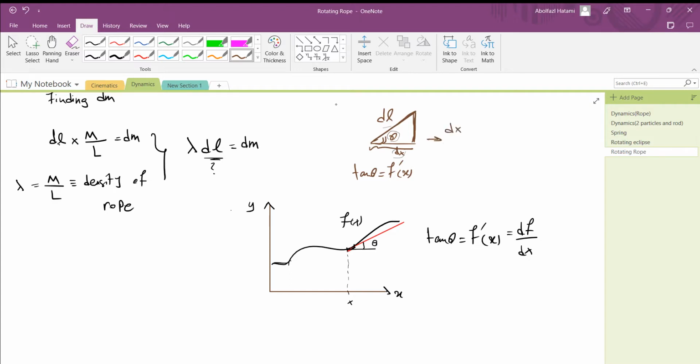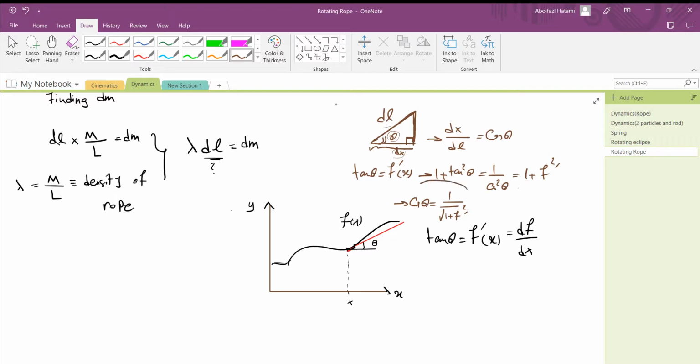So dx over dl involves some trigonometric calculations. dx over dl is the definition of cosine of theta, and we can find cosine of theta from 1 plus tangent squared equals 1 over cosine squared, which is 1 plus f prime squared. So cosine of theta is equal to 1 over radical 1 plus f prime squared.